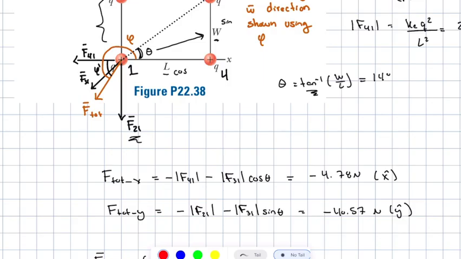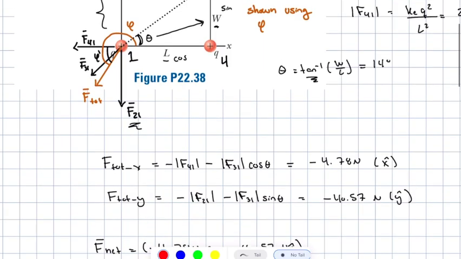Another way we can report this number is by giving a magnitude for the F total and then saying what its angle is with respect to this x-axis. So that here is phi, where phi goes from here all the way to here. One way that I would calculate this is by saying, well, what is phi prime? So what is this little angle, and then if I add 180 degrees, I get the whole rotation over here.